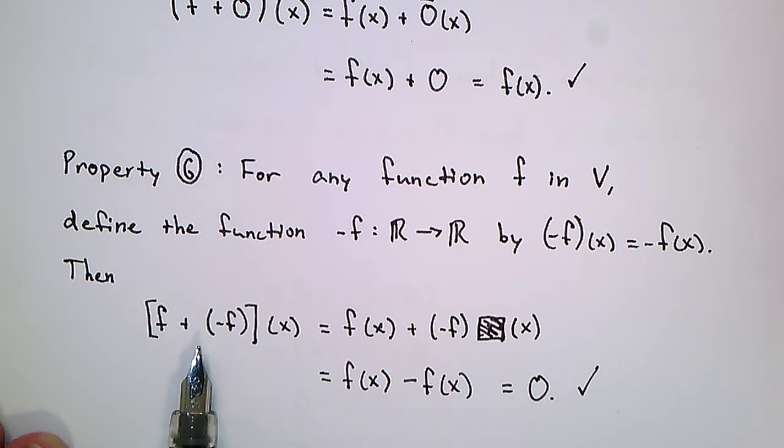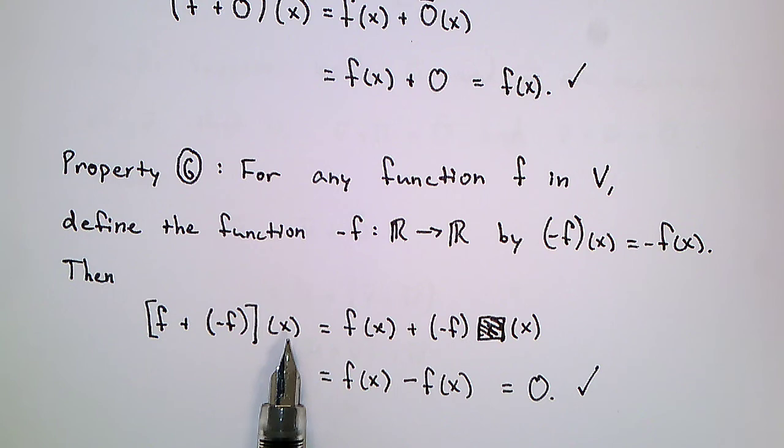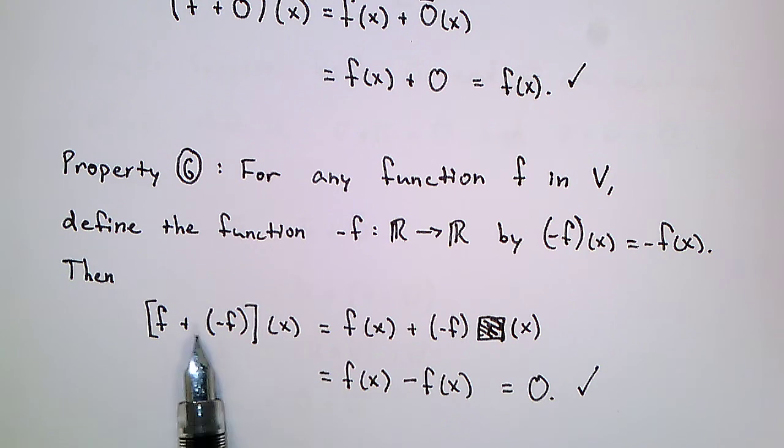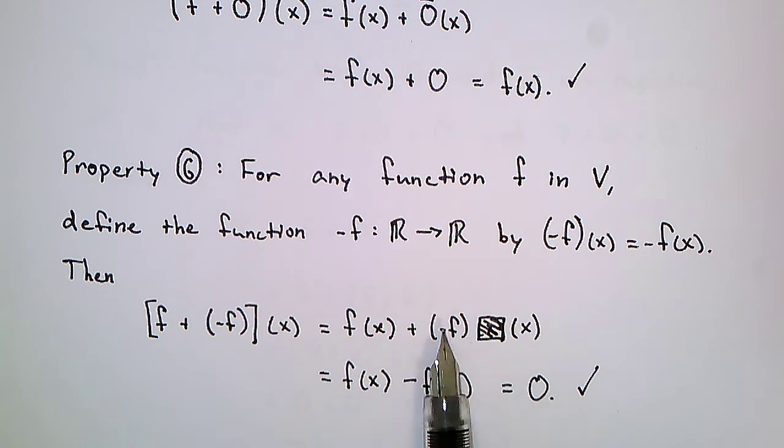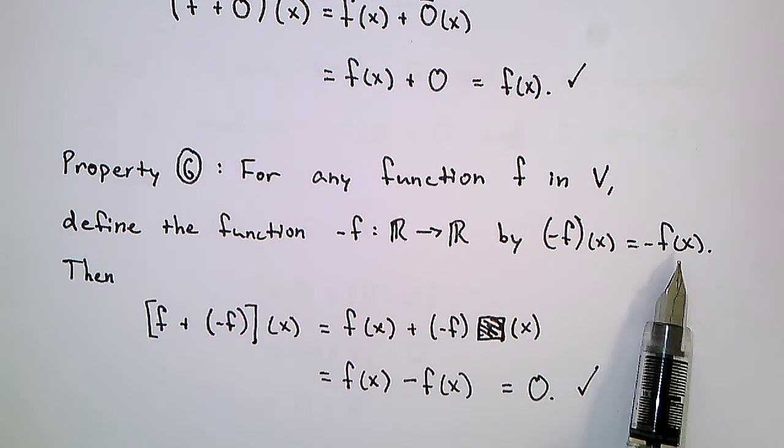Here I have f plus negative f, and I've plugged in some number. And the way addition works is I plug that number into both functions. F of x we'll just leave alone, and minus f of x, I'll use my definition.